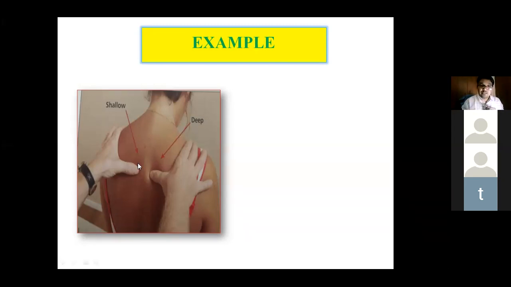That is why this thumb is shallow and prominent. So the right transverse process and lamina will go more deep, and the right thumb will be able to go deeper. So we have assessed the rotation of the vertebra. This is the first thing.